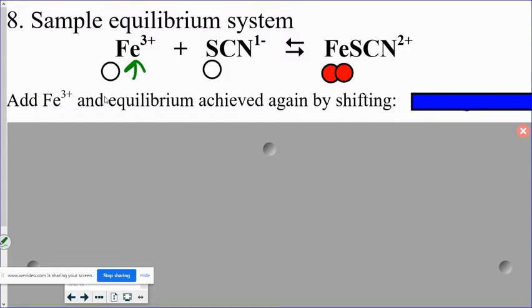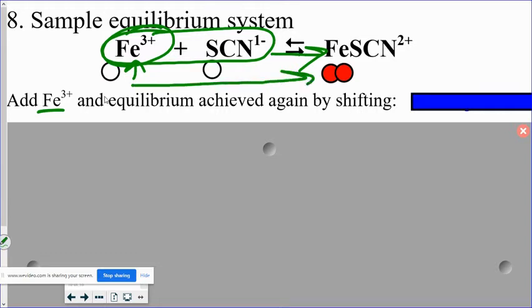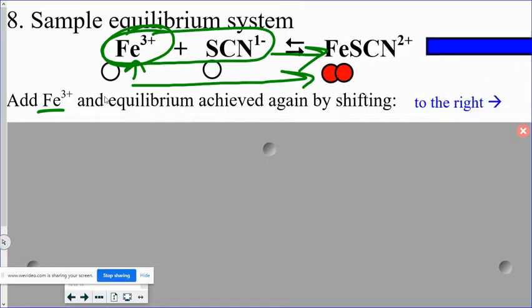The only way to get rid of Fe3+ is for it to react with SCN and make some iron 3-thiocyanate. That's the only way you can reduce the amount of iron ions that are there. So if I add some Fe3+, it's going to shift to get rid of it and make more of the FeSCN. So it's going to shift to the right.